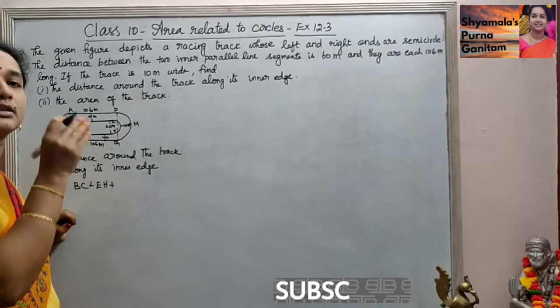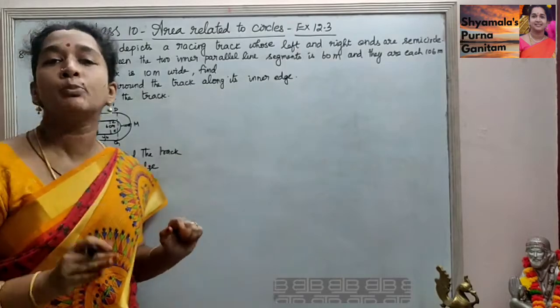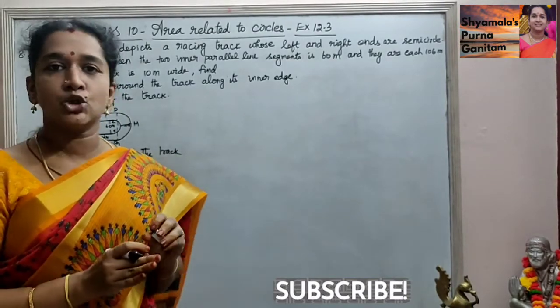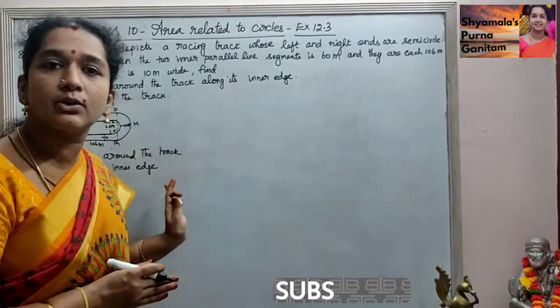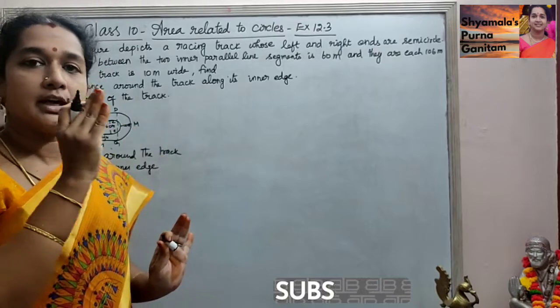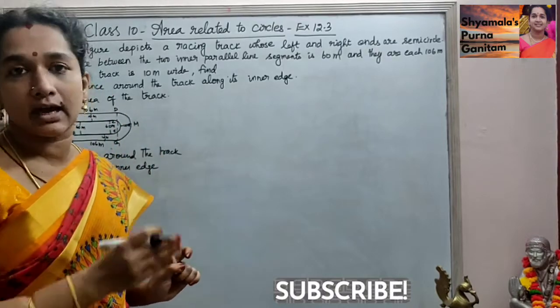We know that the circumference of a circle is 2 pi r. Since this is a semicircular part, it is half of 2 pi r, that is pi r.